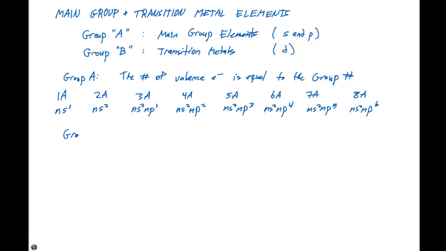If we look at group B, which is the transition metals, we see a little bit of different properties, and these elements will behave a little bit differently than the main group. First of all, they're all metals. And when we have transition metals form ions, they become cations when combined with other elements.